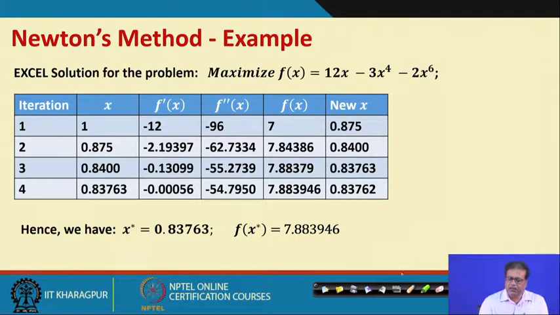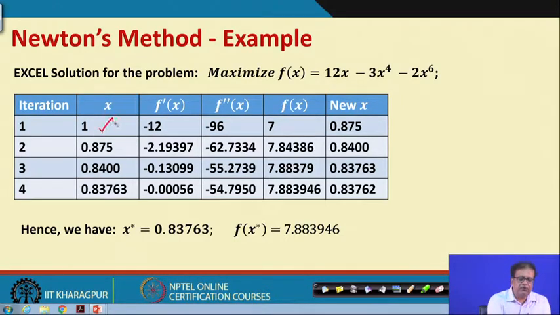So, initially we start with a value of 1, then 0.875, then 0.84, up to this point we have seen, and then further if you go we get 0.83764, and subsequent look at the f dash x value.